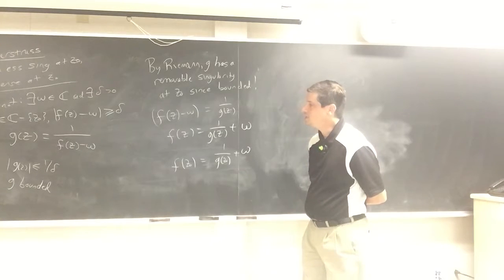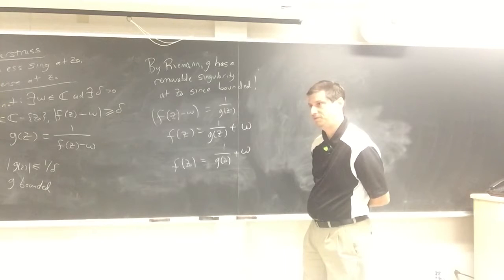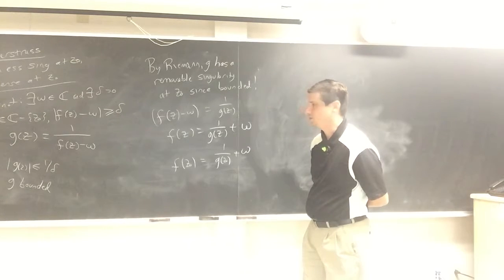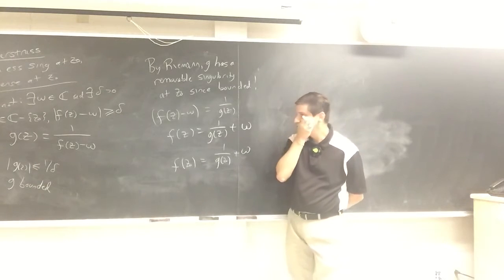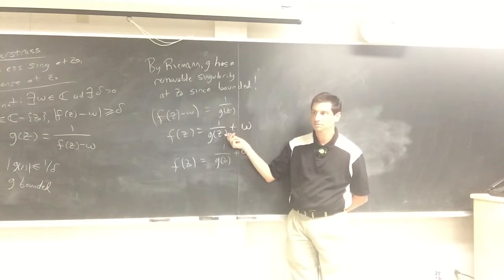But we're taking the limit as z goes to z naught. So for instance, let's say f of z naught is plus infinity. Then g of z could be 0. But we know g is holomorphic. And so because g is holomorphic, g has to have either a 0 of finite order.